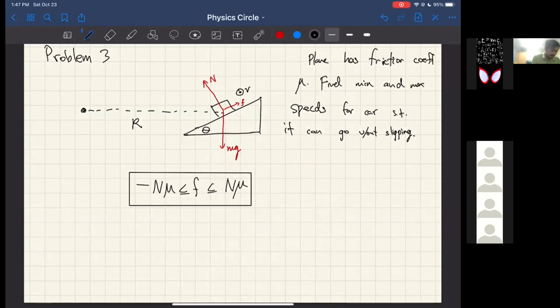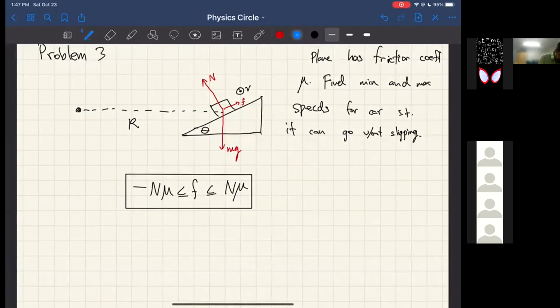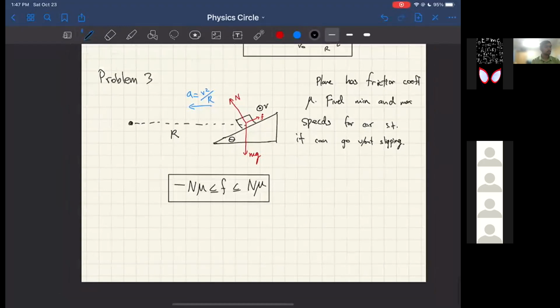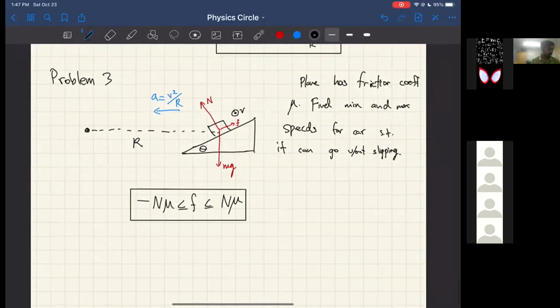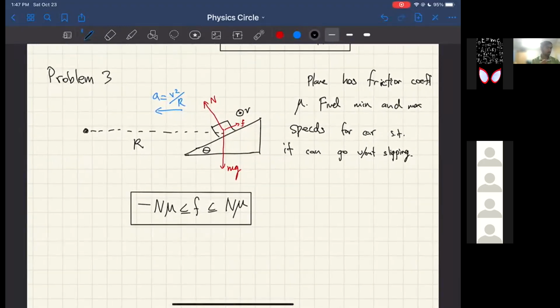So in this case, the acceleration is purely horizontal, and its value is just equal to v squared over r, because it's moving in a circle of radius r and speed v. That's literally it. Acceleration is pointing inward with v squared over r. Is that clear?